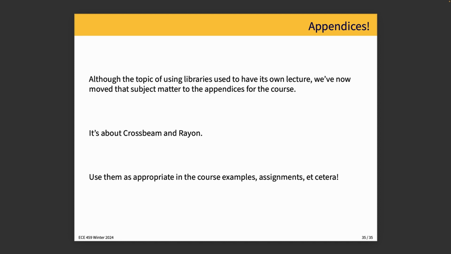But like I say, it just wasn't worth doing as a main lecture topic, just because there's only so much time and there's so many things to cover. So you might find it interesting. There's no requirement to use them, but if you're interested, please take a look and use them as appropriate. If you want to work on an example in a flipped classroom exercise, use them in an assignment, anything like that, make good use of them.